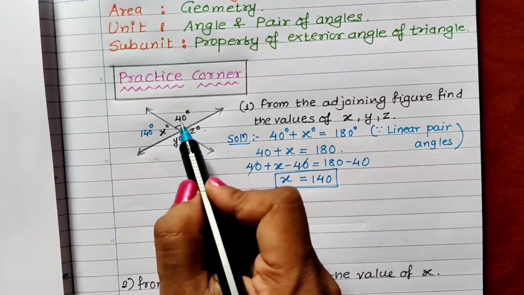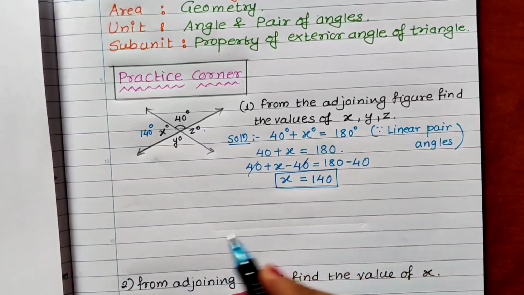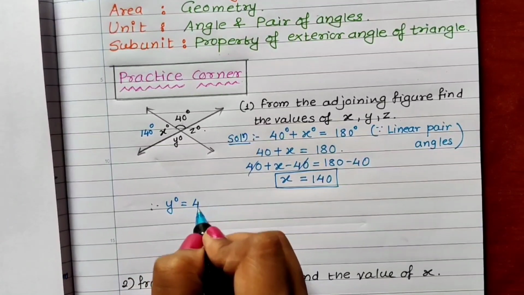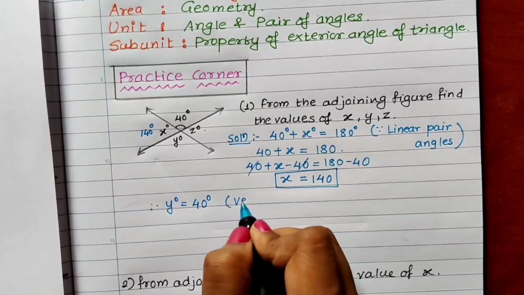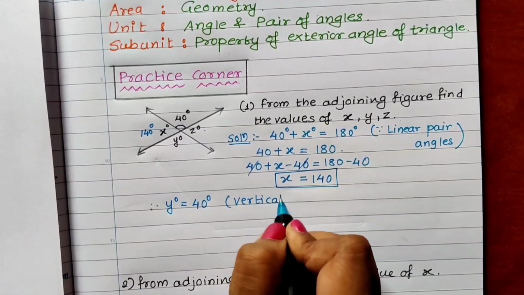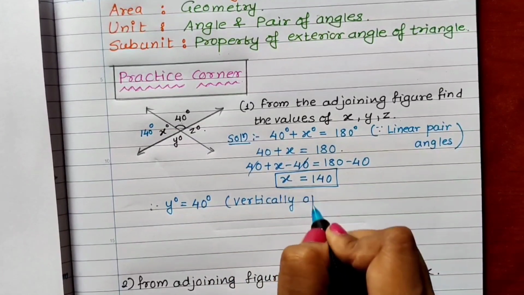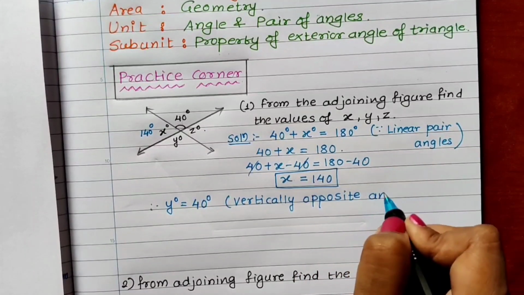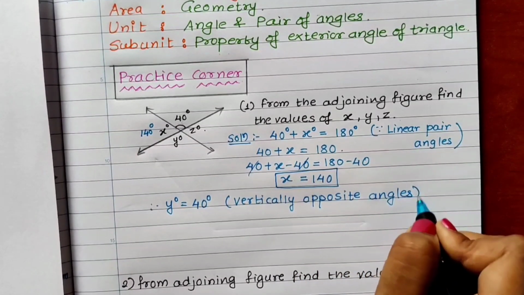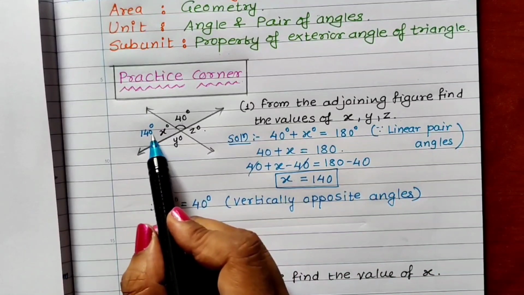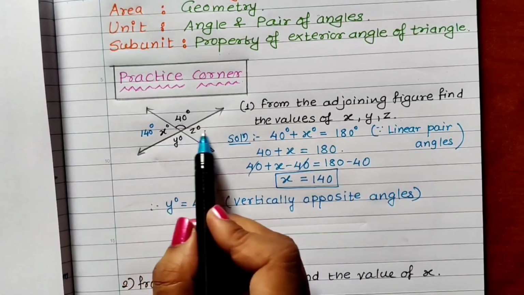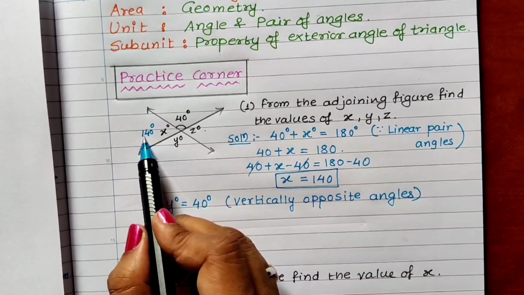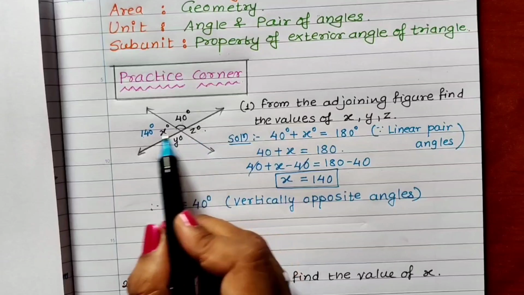Now 40 and y are vertically opposite angles, and that's why they are congruent. Y is equal to 40 degrees because they are vertically opposite angles. And x and z are again vertically opposite angles, and that's why they are congruent. The x value we just got is 140 degrees. That's why z is also 140 degrees.